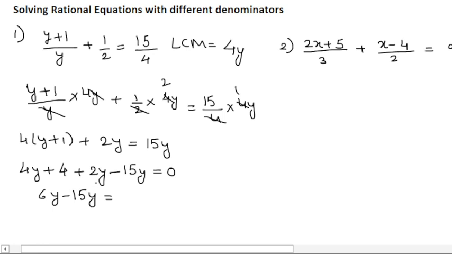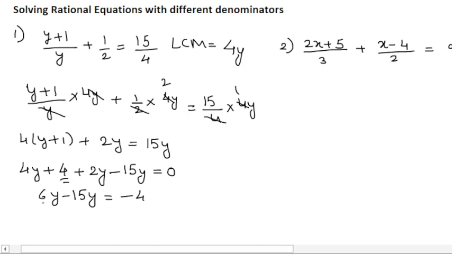So what I have done is I have collected all the terms with variables towards my left hand side, and I am taking this constant to the right hand side of the equation. So when I transpose positive 4 to my right side, it becomes negative 4. My bad, there was no y here.